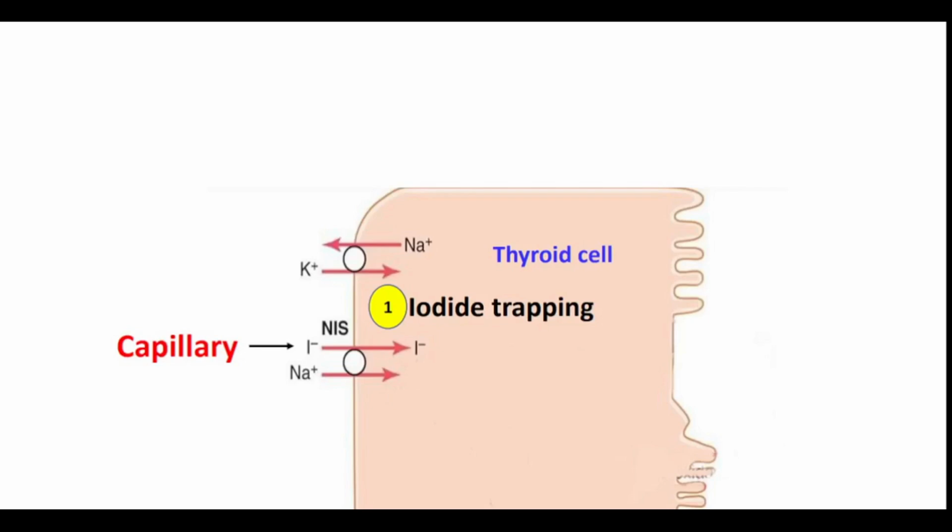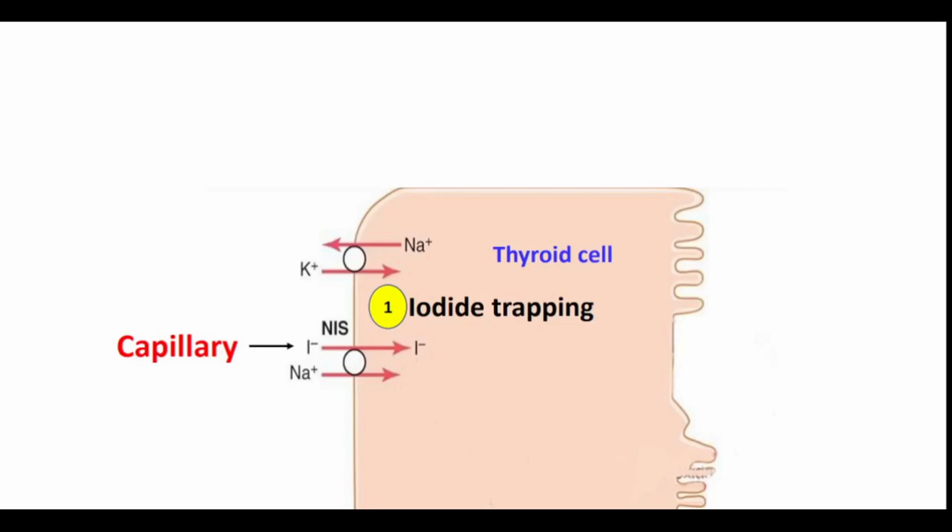And this monoiodotyrosine and diiodotyrosine will also be released during the hydrolysis of thyroglobulin. Now an enzyme known as iodotyrosine deiodinase will act on this monoiodotyrosine and diiodotyrosine. That will result in the formation of iodide and tyrosine, which will be again recycled for the synthesis of new thyroid hormones. That's how the concentration of iodide is more within the cell.